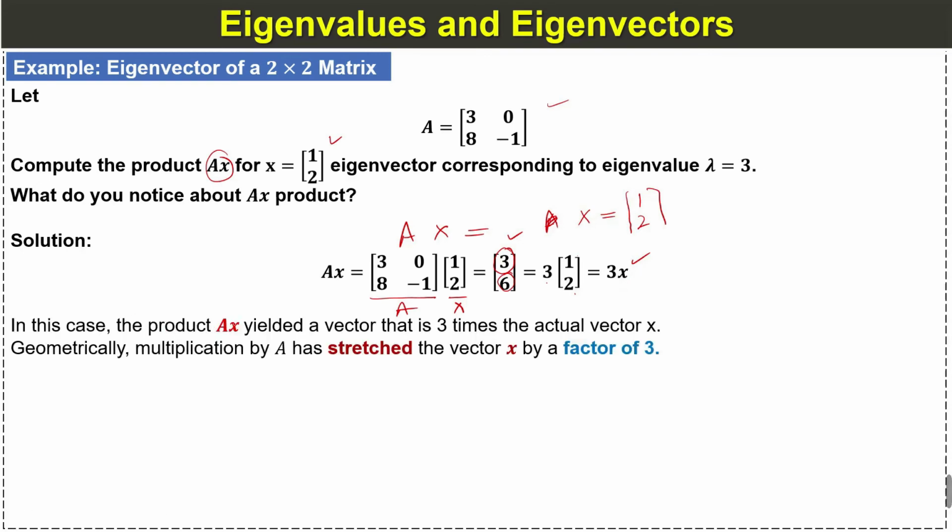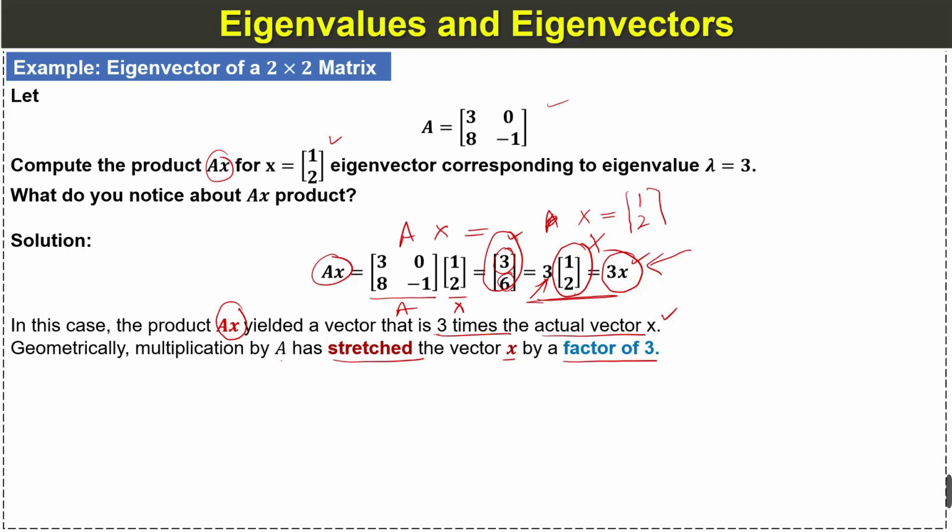So in this case the product Ax yielded a vector that is 3 times the actual vector x. Geometrically, multiplication by A has stretched the vector x by a factor of 3.